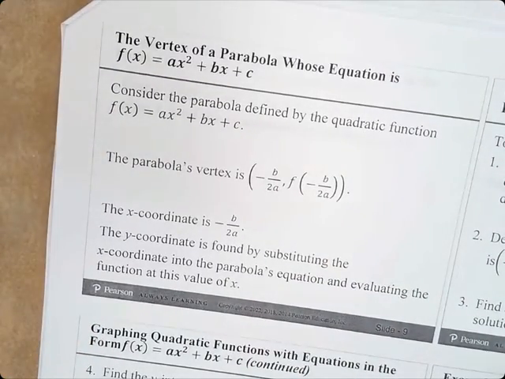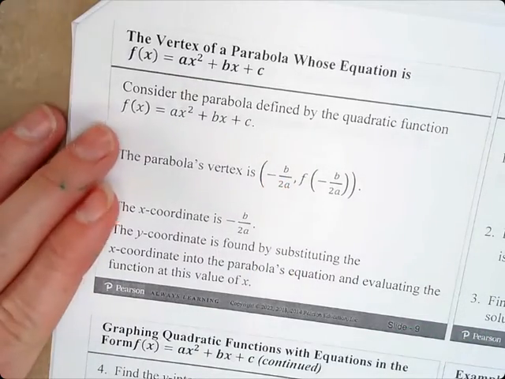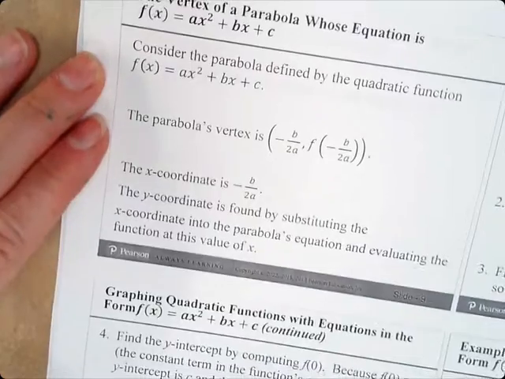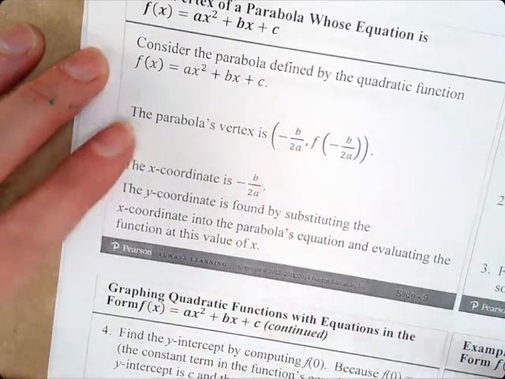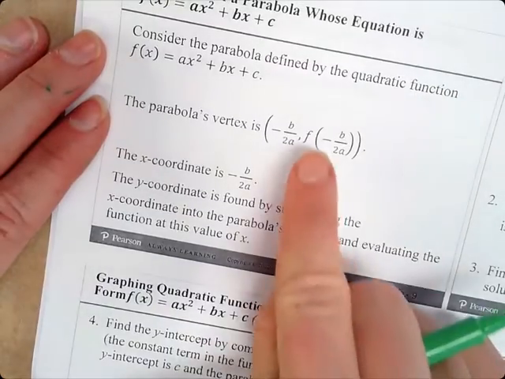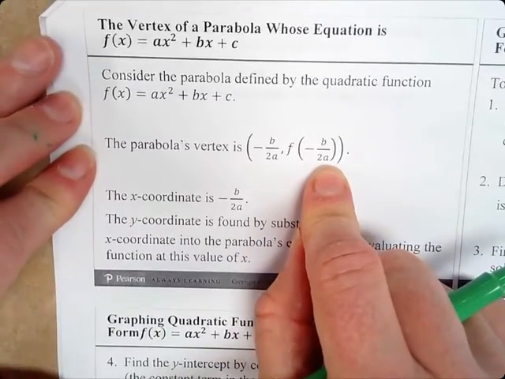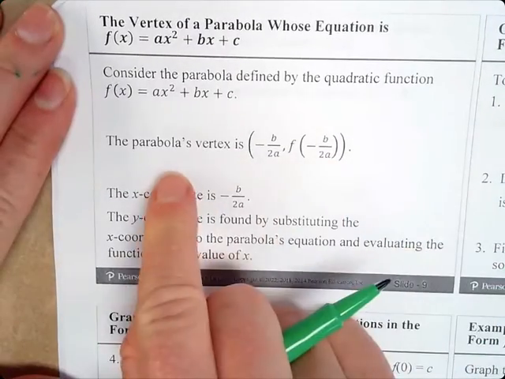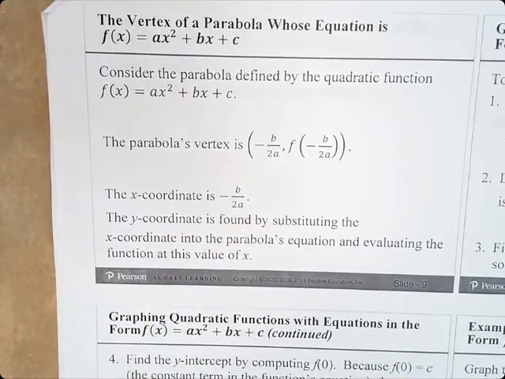And when we use our quadratic formula, we can use that negative b over 2a. And so we are going to use that to find our vertex. So you'll find a negative b over 2a, and then you'll plug in whatever you got for negative b over 2a for the x value. It's like substituting in that x value. Your x coordinate, negative b over 2a. Y coordinate is found by substitution.